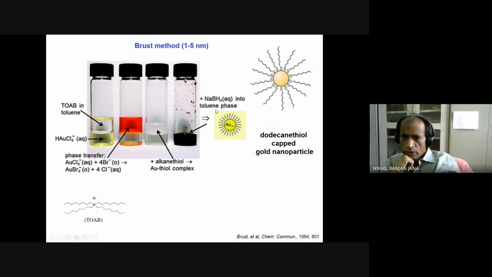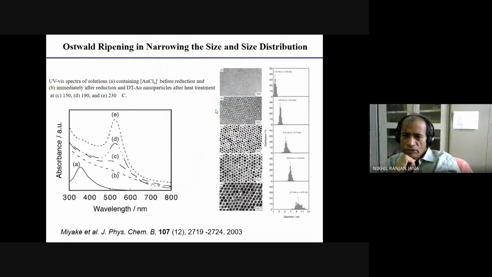Once you make this, you heat it in the presence of capping agents and in different solvent, different temperature and time. You start with small particles and end up with different sizes between 5 to 10 nanometers. Very good quality. Ostwald ripening.